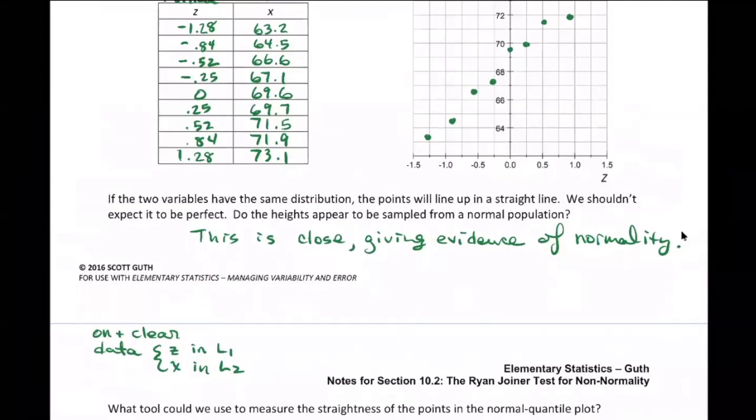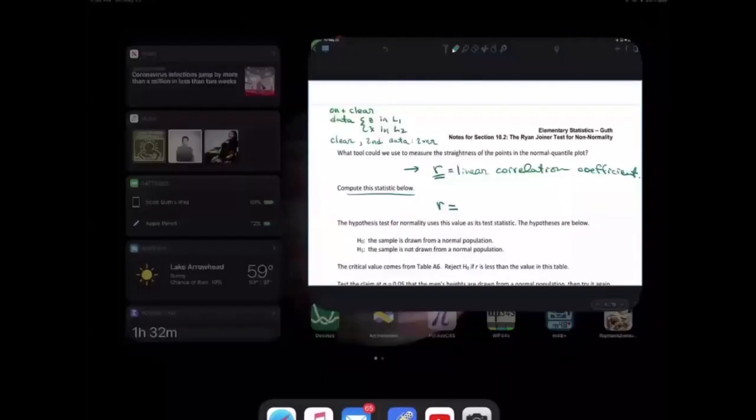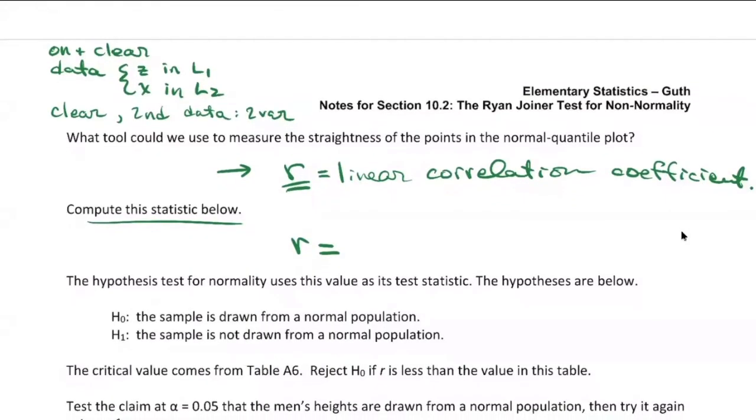Again, once your X's and your Z's are in, it doesn't matter which order you put them in. Then you press clear, second data, 2 variable. And you just keep pressing enter and scroll till you get R.